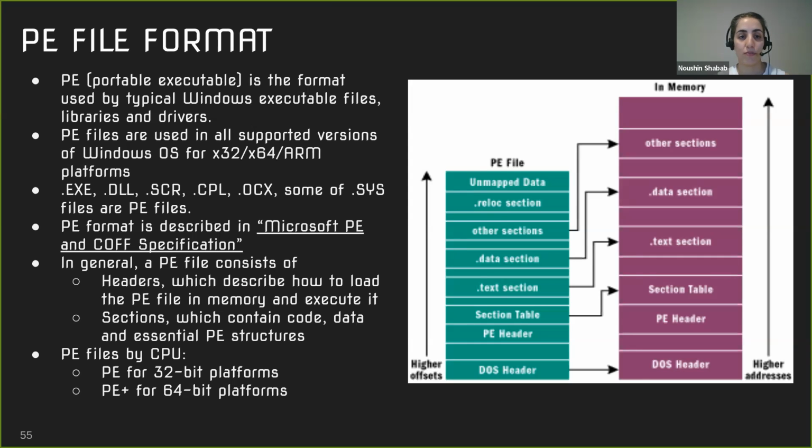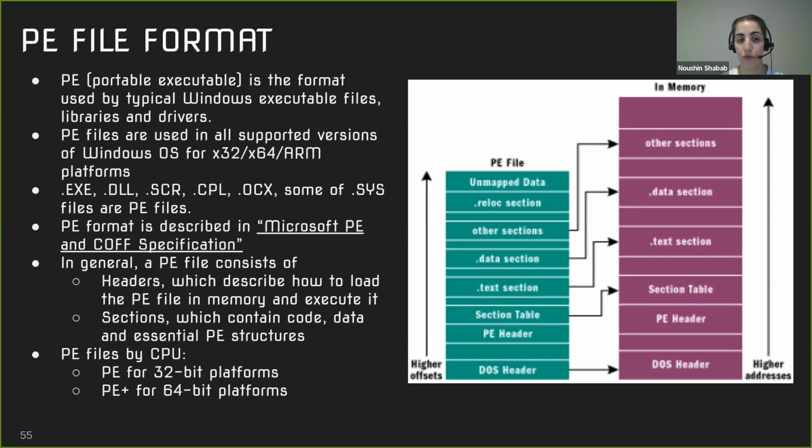These are files that are supported in different versions of the Windows operating system, from x32, x64, and ARM platforms. PE files can have different extensions, from .exe, .dll, .scr, .cpl, .ocx, and some of the .sys files, which are the drivers of the operating system that work in kernel mode, are in this file format.